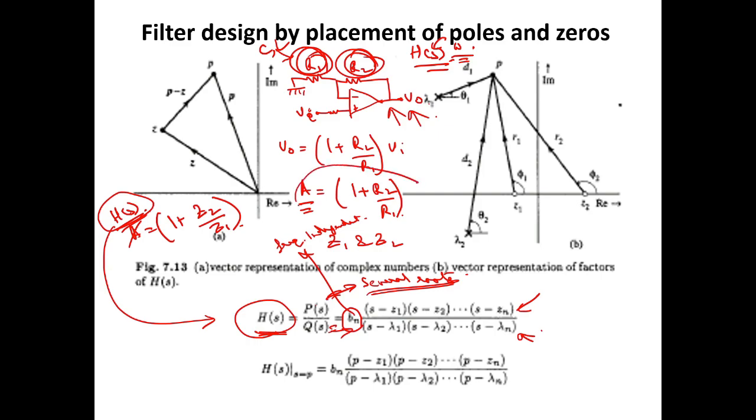As in, say A equals R2 by R1, we have a frequency independent gain. So this B is also a frequency independent gain.